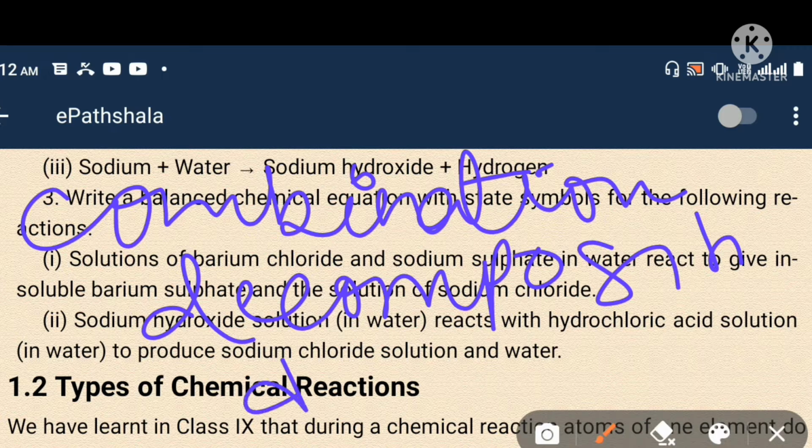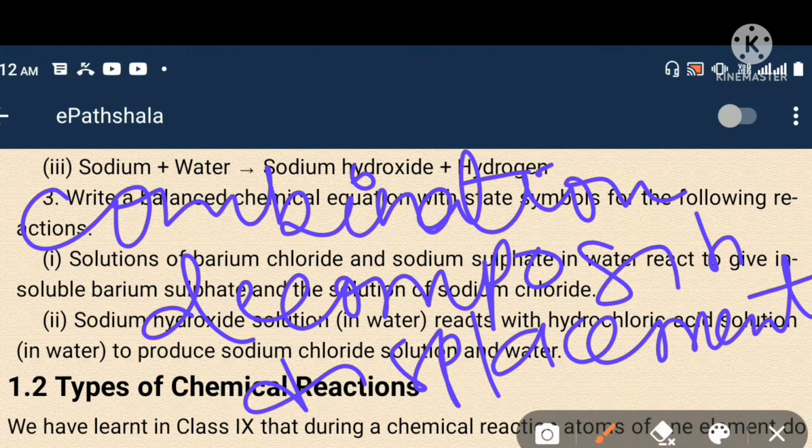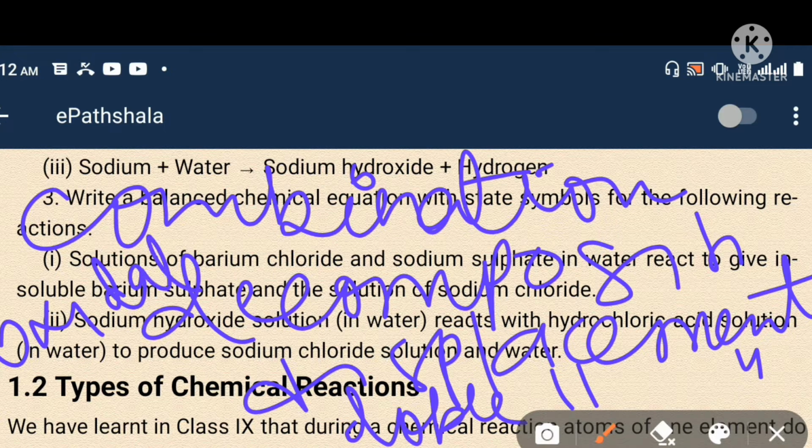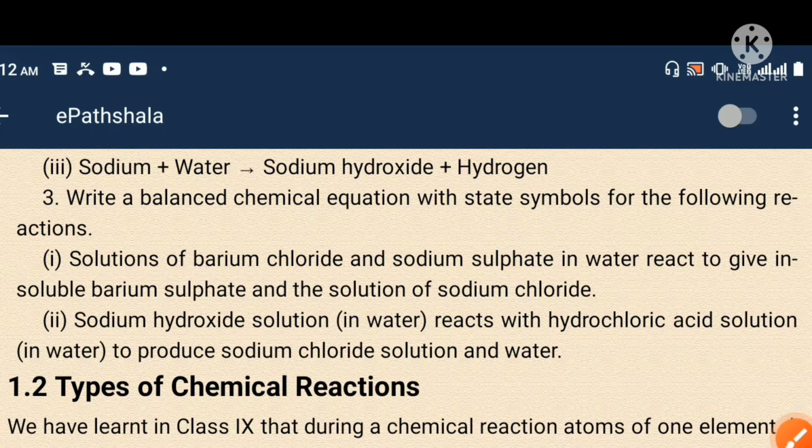Third is displacement reaction. Next, double displacement reaction. And last is oxidation and reduction. So we'll discuss from the beginning.